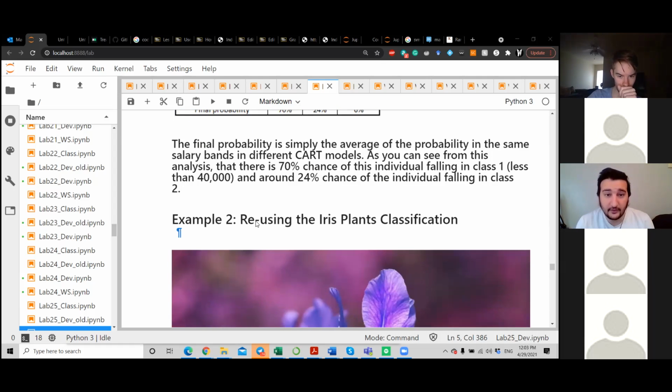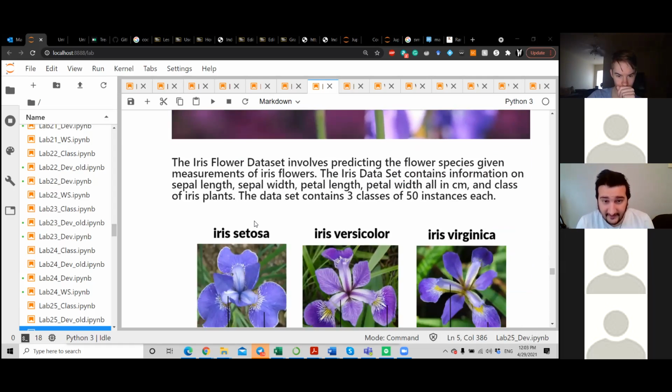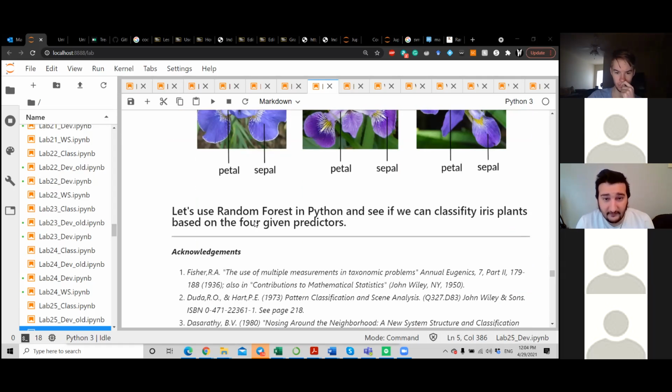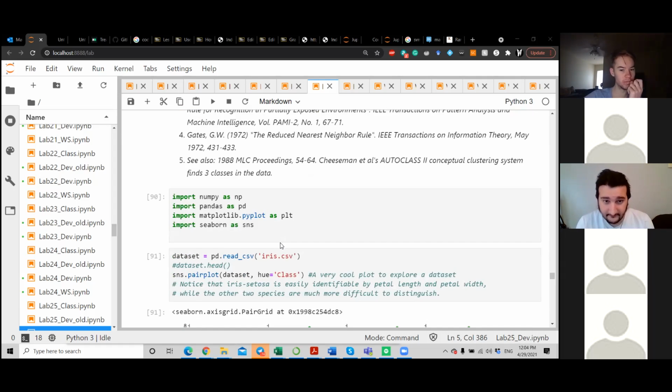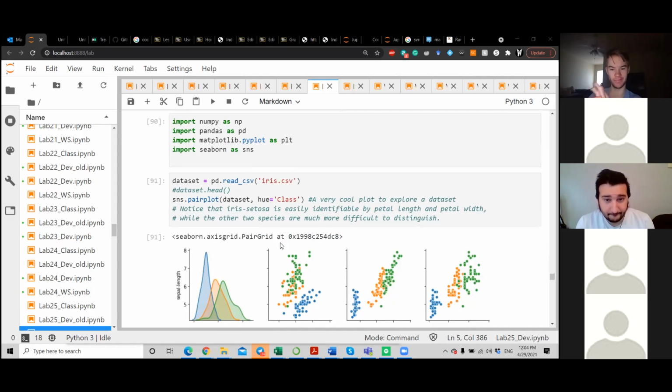Now, we are going to work on our familiar example, and we are going to reuse the iris dataset again. This time we're going to use random forest and see how that works. This is something that I wanted to show you.